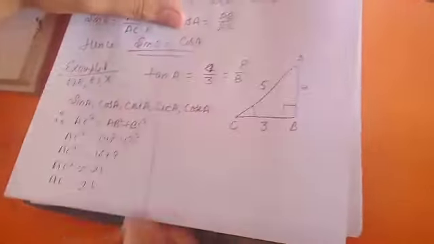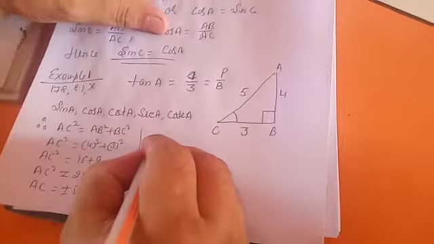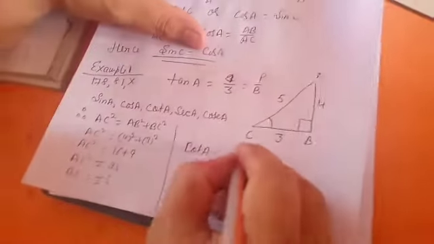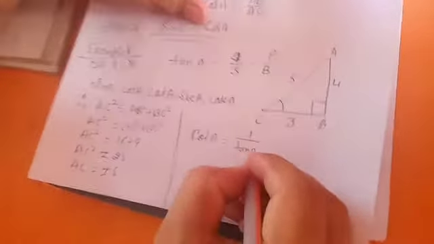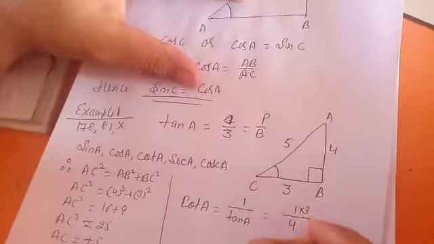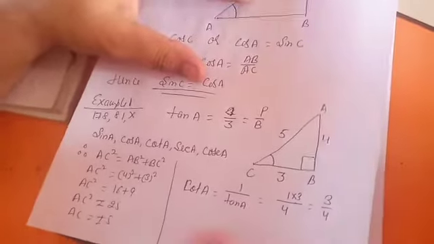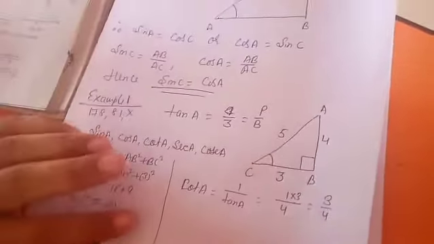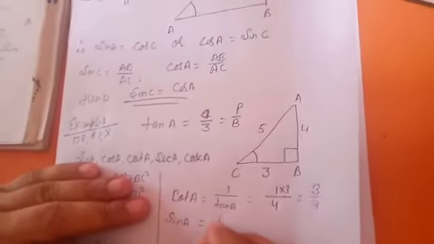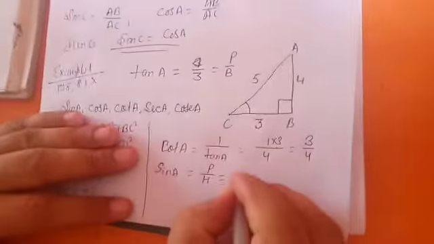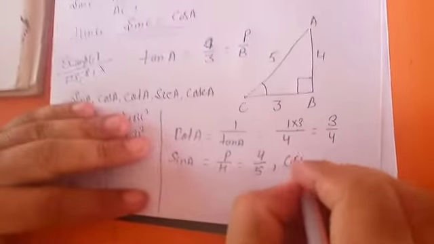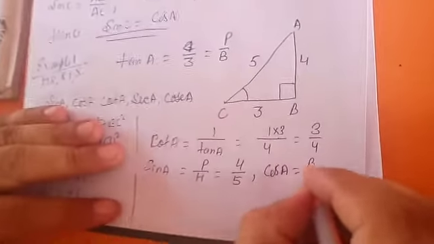So now find out all trigonometric ratios. First, cotangent of A is equal to 1 over tangent of A, so 1 by 4 by 3, which means 3 by 4. Now sin of A is equal to perpendicular by hypotenuse, which is 4 by 5. Similarly cos of A is equal to base by hypotenuse.